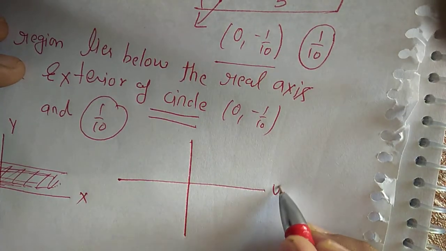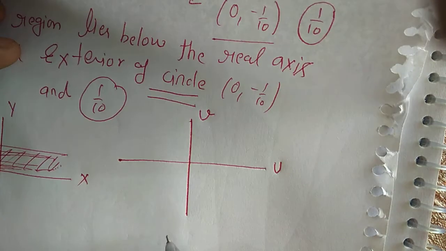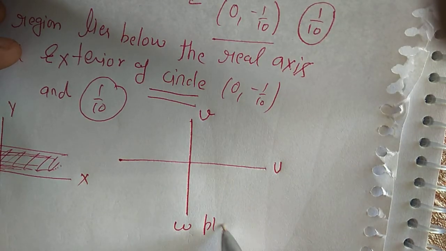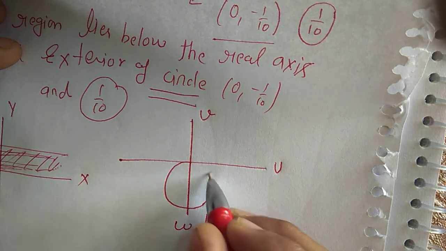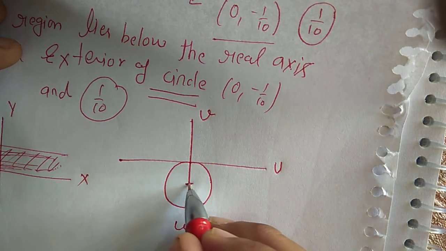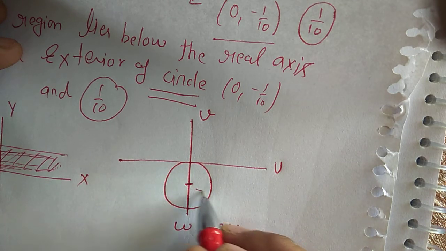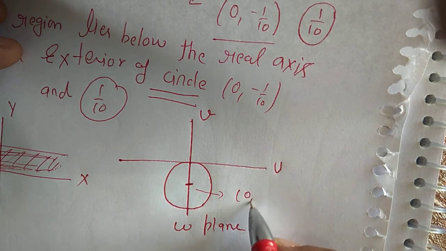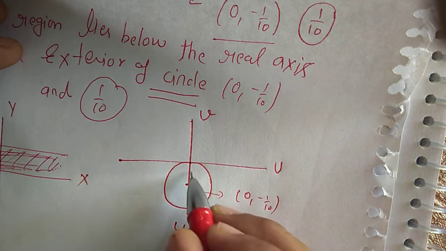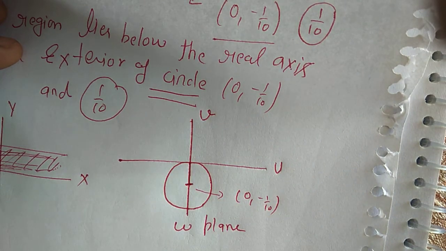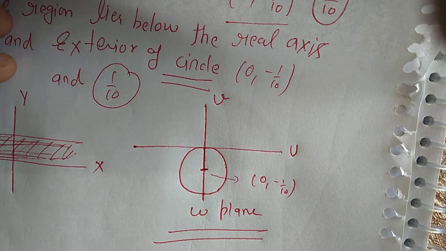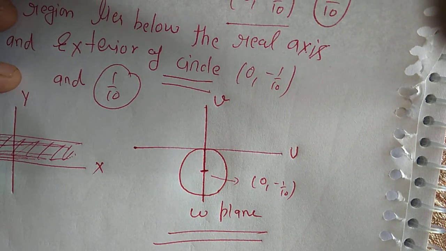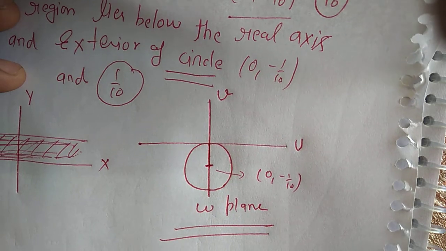This is your u, this is your v, so this is your w plane. Your image will be a circle with center 0, minus 1 by 10 and radius 1 by 10. So this is your image curve in the w plane.